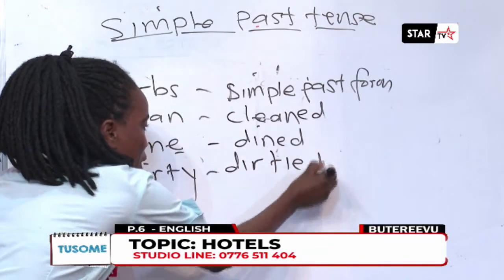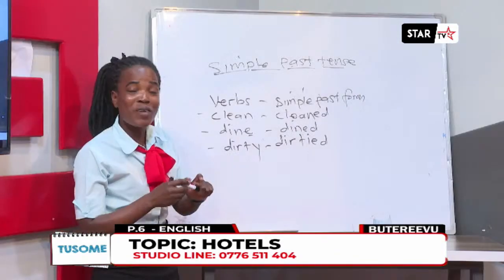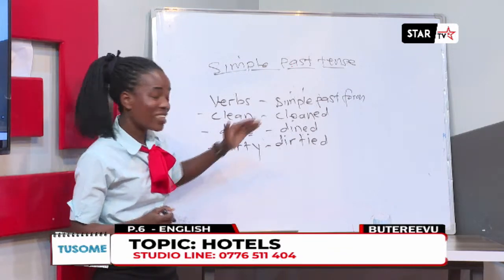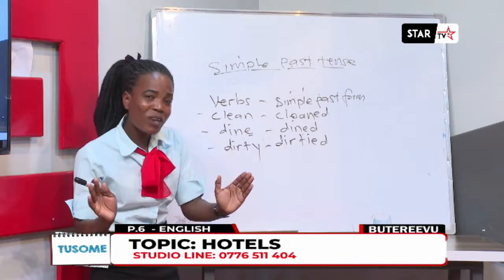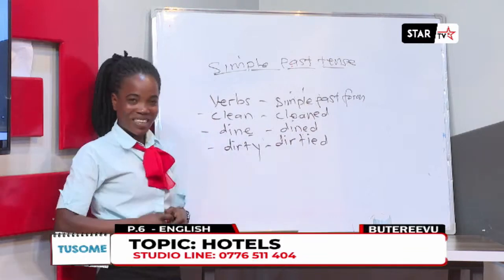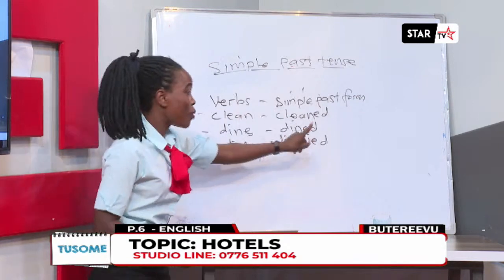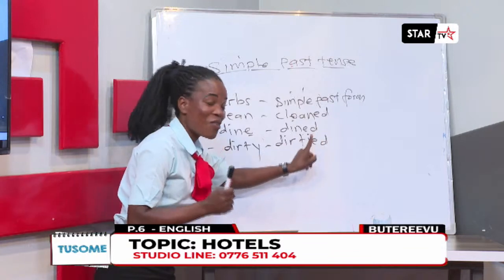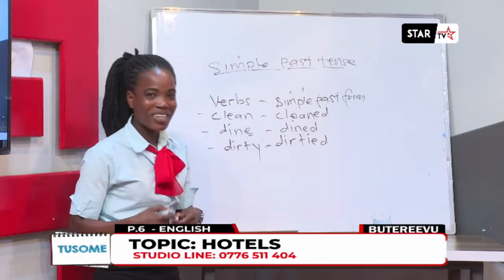Take a note of the spellings, which is dirtied. Note this clearly from me. Regular verbs that end in Y, like dirty, like carry, like cry, in case you want to change them to their simple past form, what do you need to do, my precious viewer? You need to eliminate this Y, replace it with I, like the way I've just done, then you add ed. I believe you are following, my precious viewer.